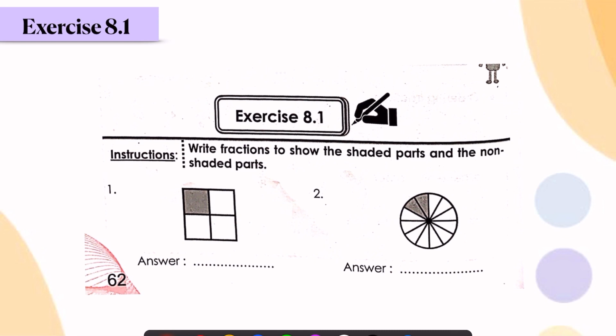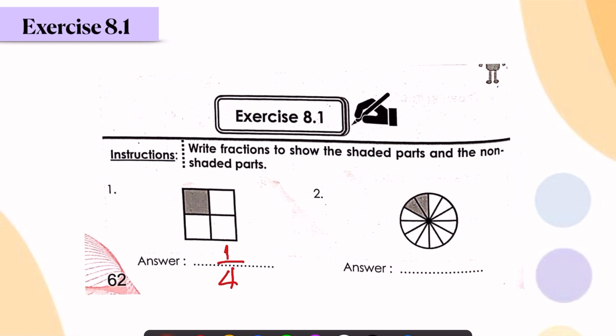Very easy. Now can you tell me? The answer is 1 over 4, right? So 4 is the total amount. We have 4 parts, and 1 is the shaded part. So we can get 1 over 4.